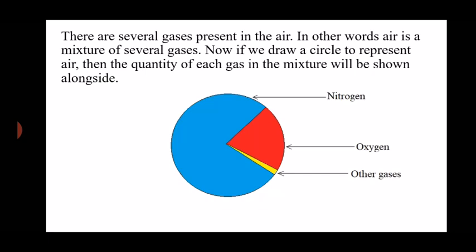That is nitrogen gas. It makes up the largest portion of air. Oxygen is shown in red. And other gases like carbon dioxide and water vapor are present in small quantities and are shown in yellow.